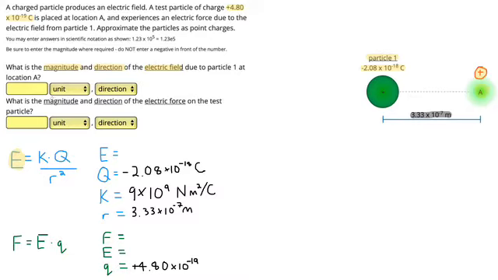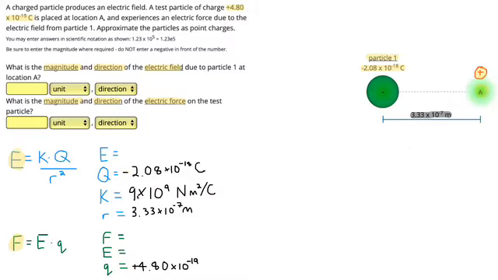The second thing we're going to find is the magnitude and direction of the electric force on the test particle. So that's our F down here. Again, we'll find the direction by looking at the positives and negatives. So when we put our numbers into our equations, we're not going to include the negative sign or the positive sign on our charge. We will just put the numbers in as they are, and then later on, we'll look at the positives and negatives to figure out the direction.